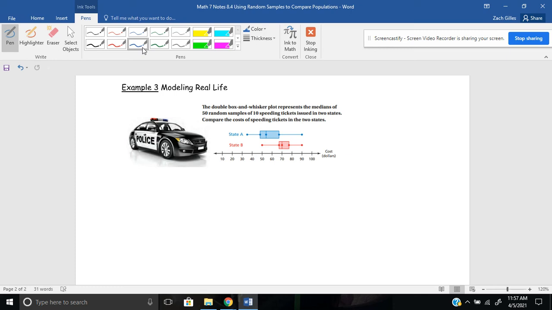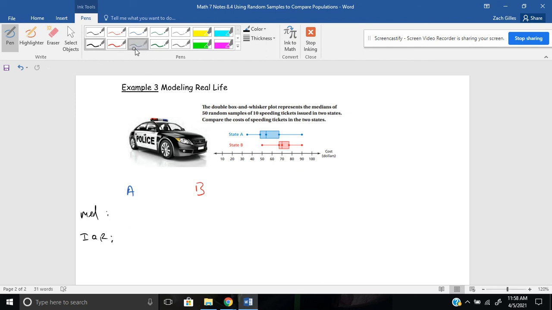So let's look at our medians for state A and state B. And let's look also at our interquartile ranges.